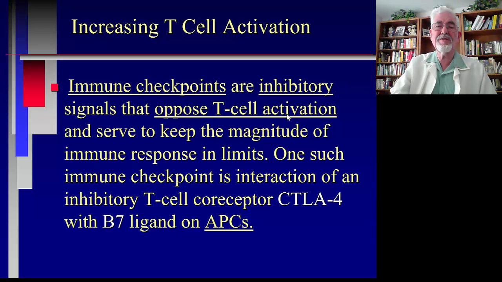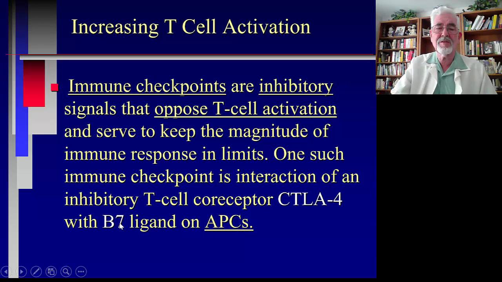And that's the CTLA-4. What the tumor is doing is creating a ligand, or a protein, that gets attached to this immune checkpoint and blocks it so the T cells cannot develop. One such immune checkpoint is the interaction of inhibitory T cell co-receptor CTLA-4 with B7 ligand on APC, antigen presenting cell.